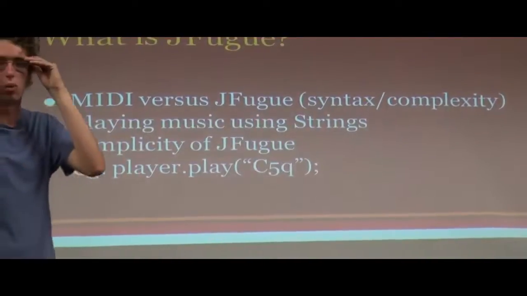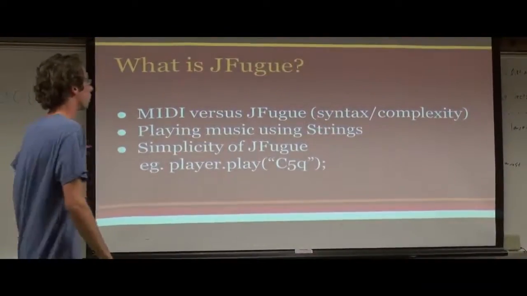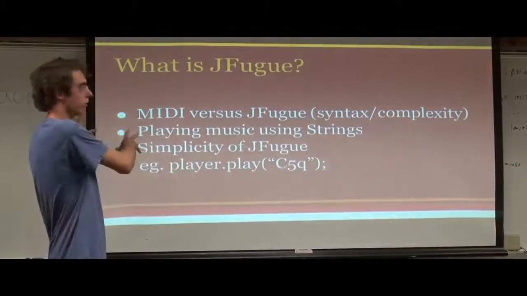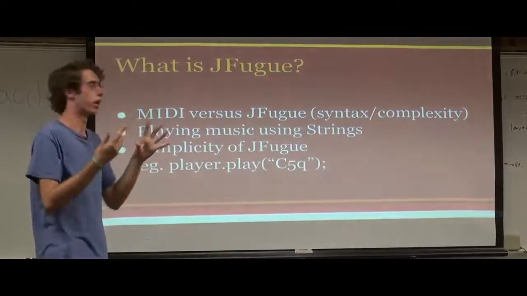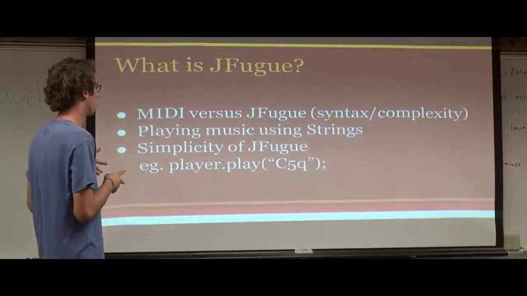Okay, so what is JFugue? JFugue is a jar that allows MIDI files, and MIDI files are strings of music, and JFugue allows for a simpler interpretation of MIDI files to be used in Java.